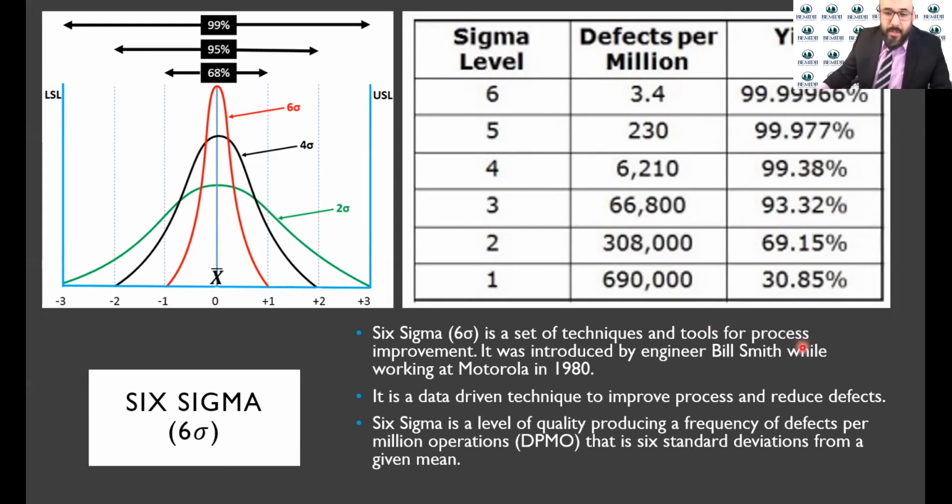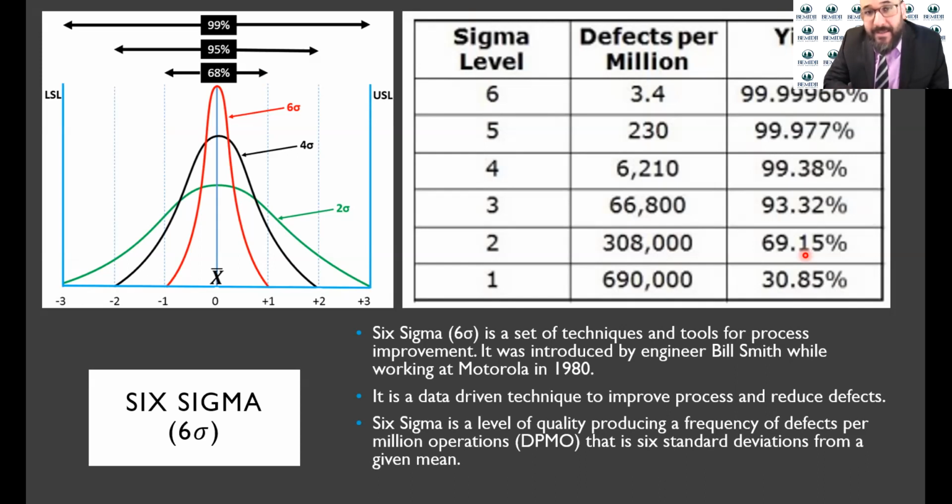All right, let's go over this important information, some definitions. The Six Sigma is a set of techniques and tools for process improvement. It was introduced by engineer Bill Smith while working at Motorola in 1980. It is data-driven, so that's an important thing. It is a data technique to improve processes and reduce defects.